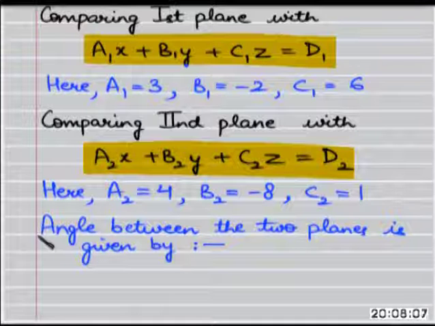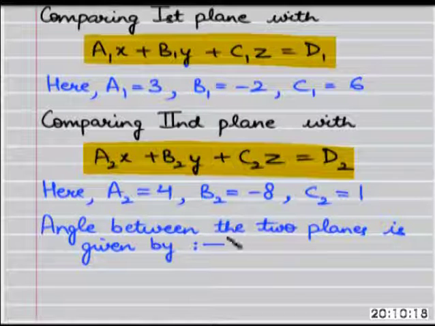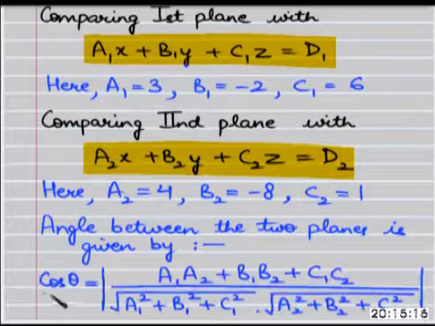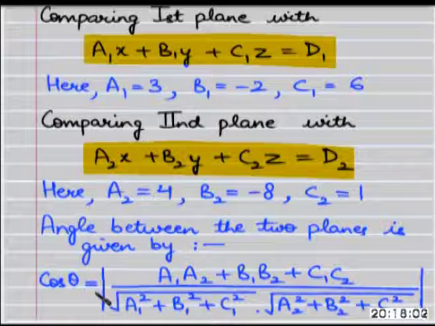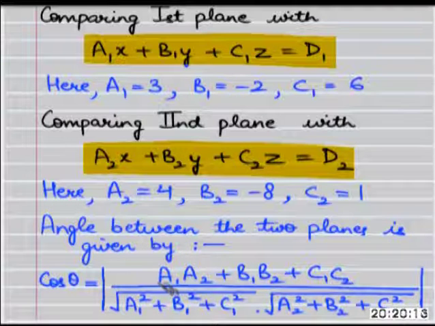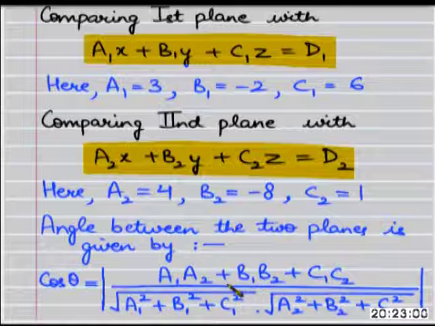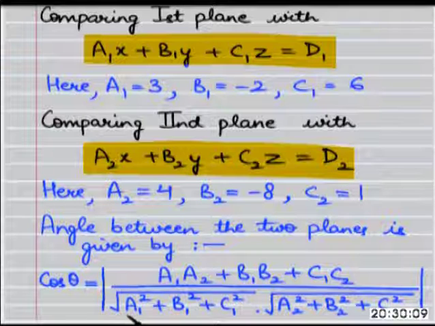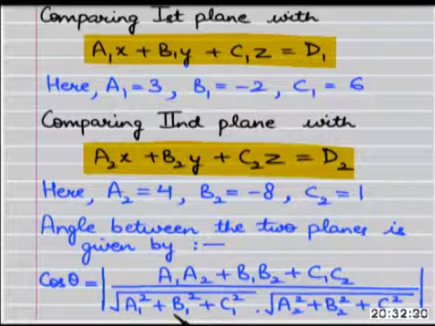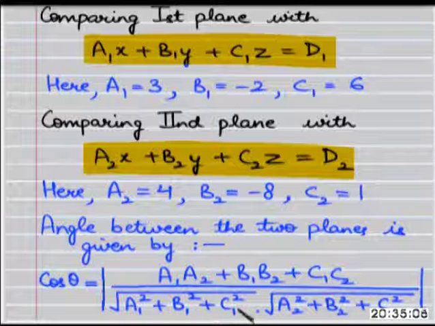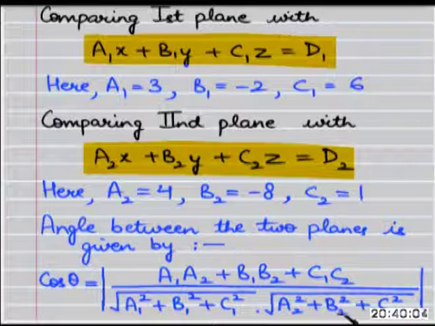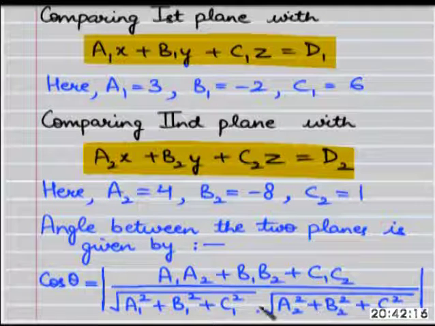Now, as we know that angle between the two planes is given by cos theta is equal to modulus of a1 into a2 plus b1 into b2 plus c1 into c2 whole divided by square root of a1 square plus b1 square plus c1 square into square root of a2 square plus b2 square plus c2 square.